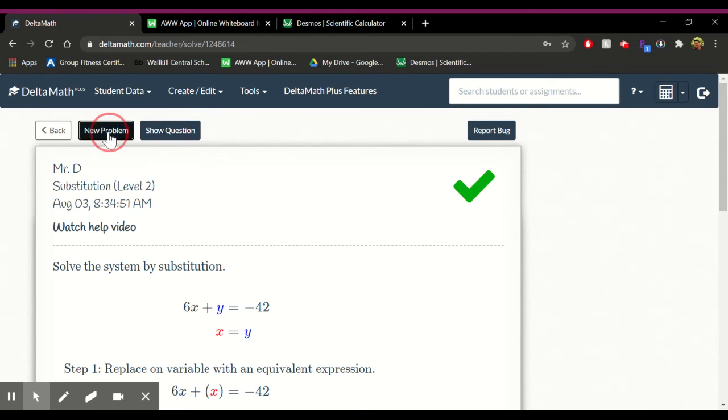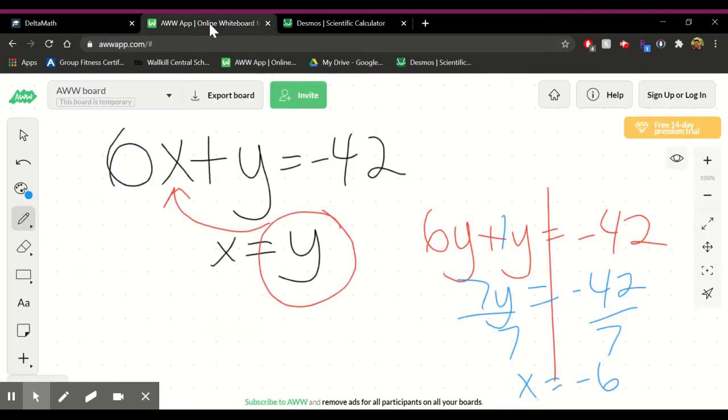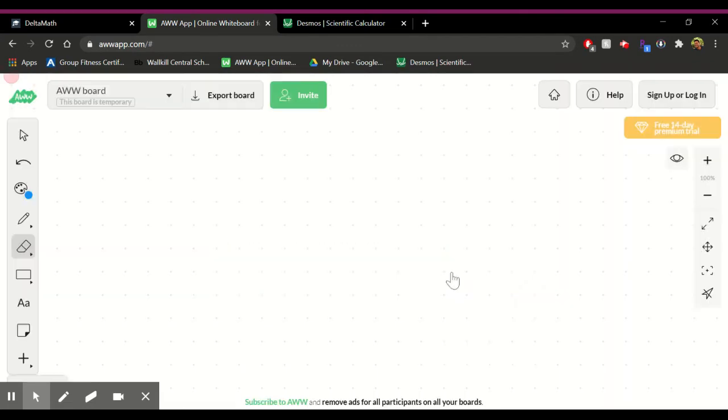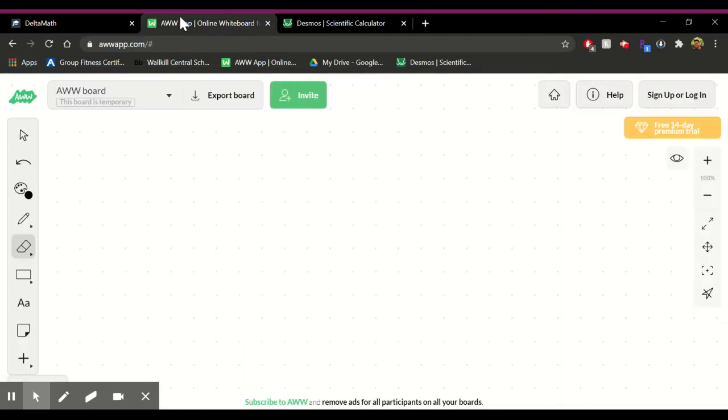All right, let's look at another one. Right here. Clear my page. All right, x equals 2y.